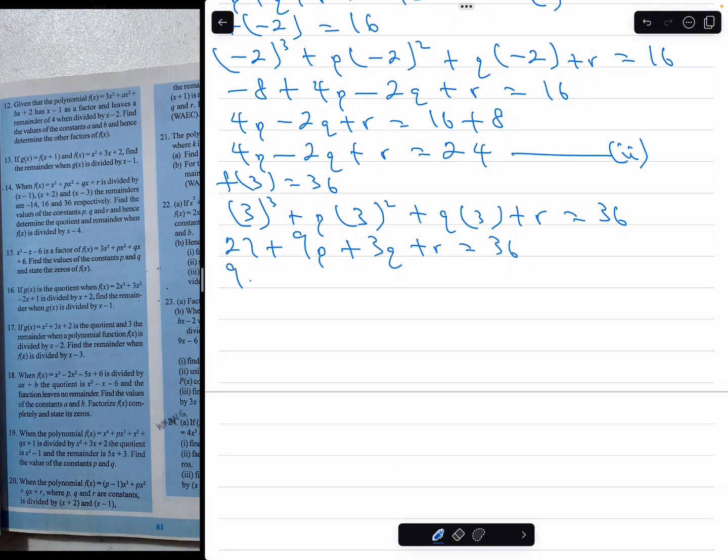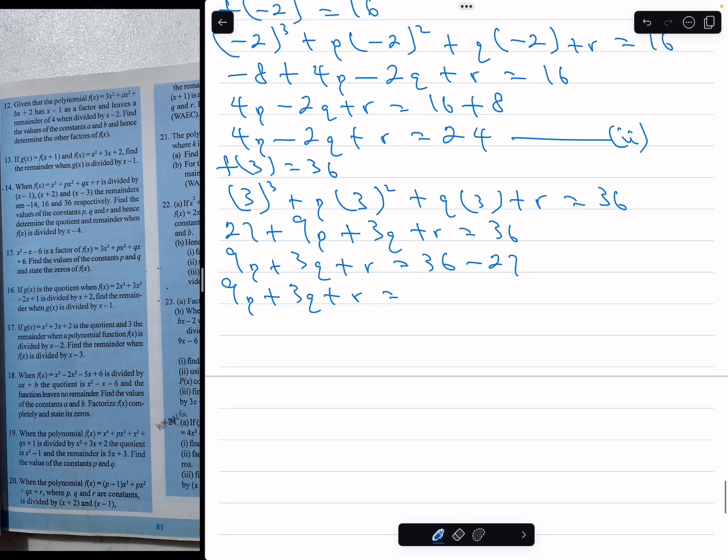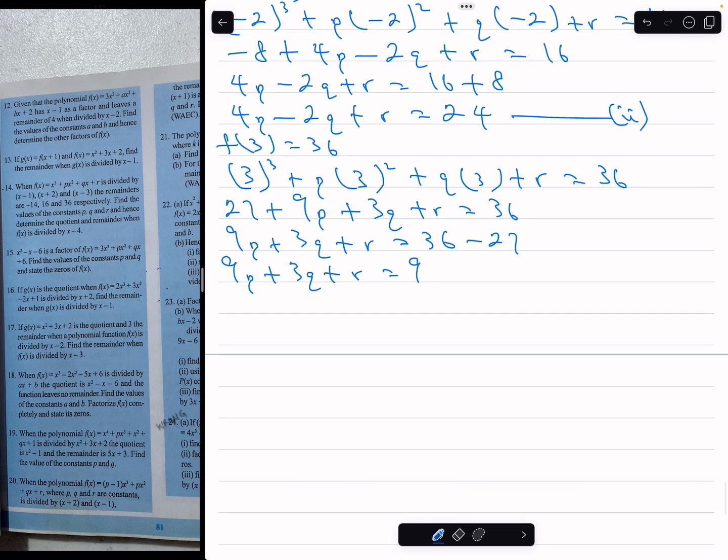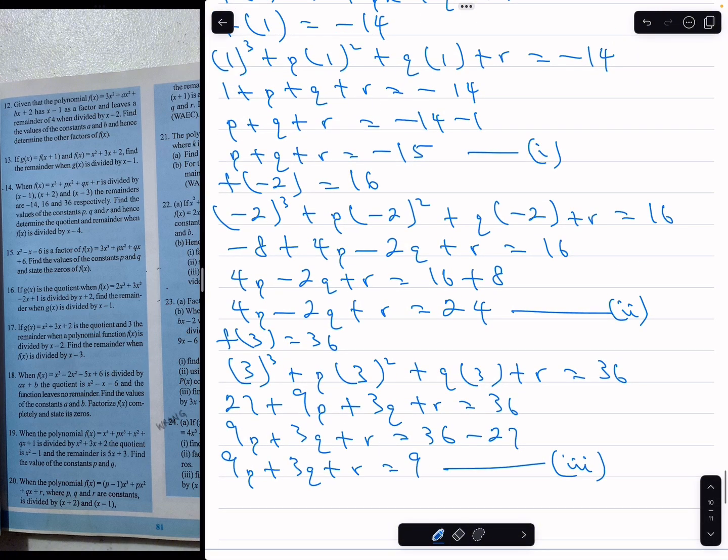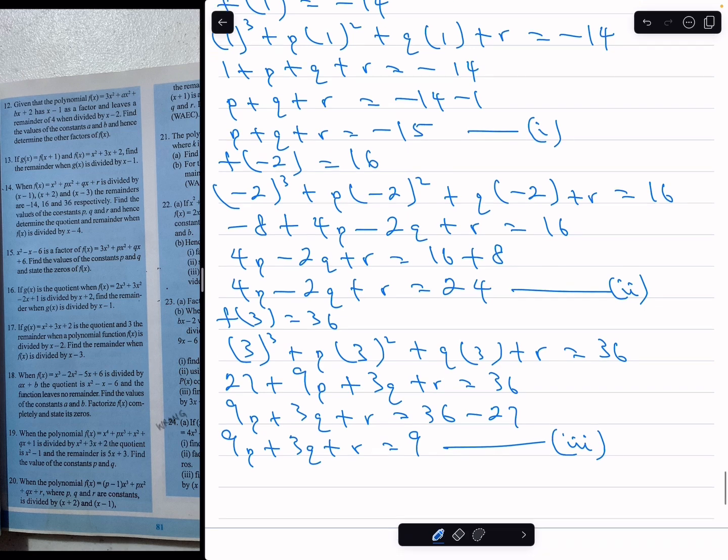And that simply means 9p plus 3q plus r equals 36 minus 27, which means 9p plus 3q plus r equals 9. And that's equation 3.